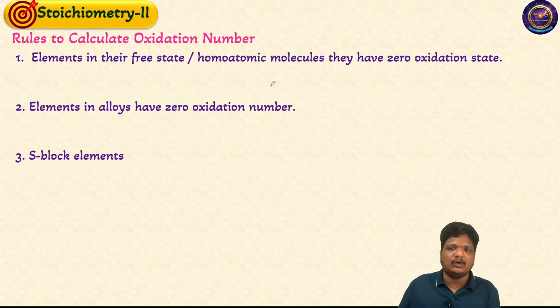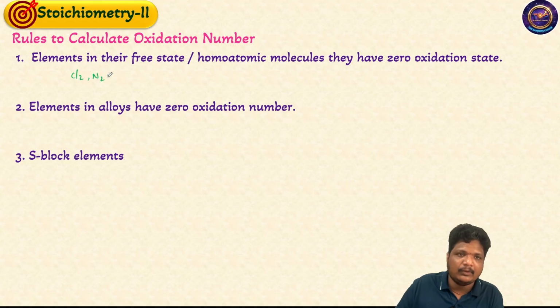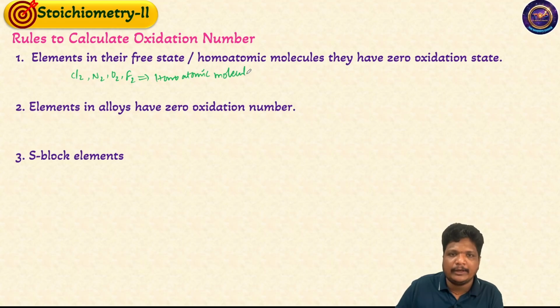For example, Cl2, N2, O2, F2 are homoatomic molecules, and these have zero oxidation state.